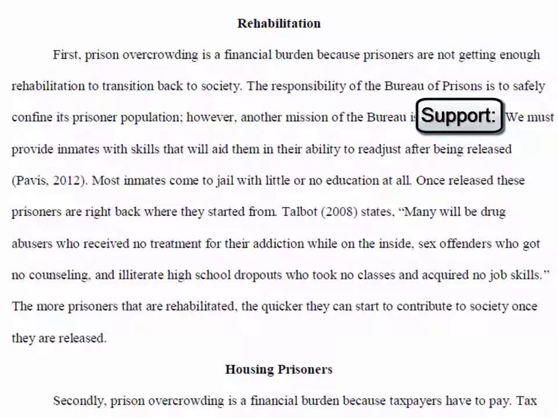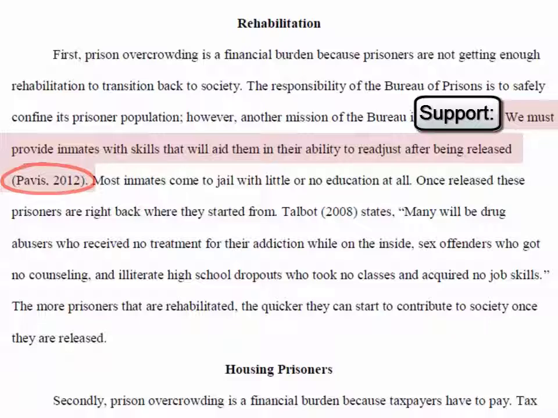She chooses one of the experts who know about the dual role of the Bureau of Prisons to add the voice of authority to her paragraph. She summarizes the opinion of an expert named Pavis in her first support sentence. "We must provide inmates with skills that will aid them in their ability to readjust after being released." Pavis, 2012.